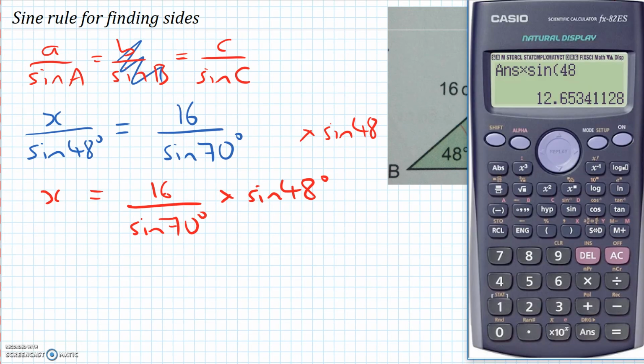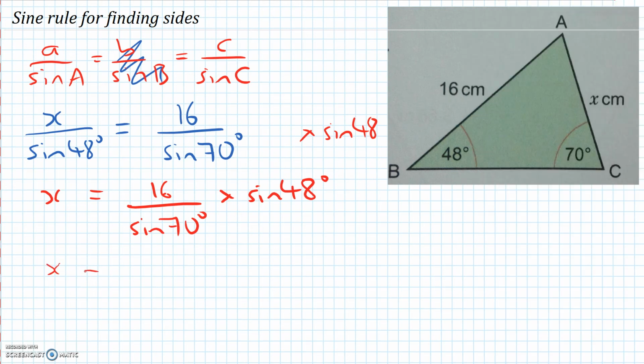If we bring up our calculator, clear that, and key in 16 divided by the sine of 70, and we'll evaluate that part first before we times by sine 48. So we should get 12.65. So x is equal to 12.65. But since it tells us here the units are centimetres, we need to write x equals 12.65 centimetres.